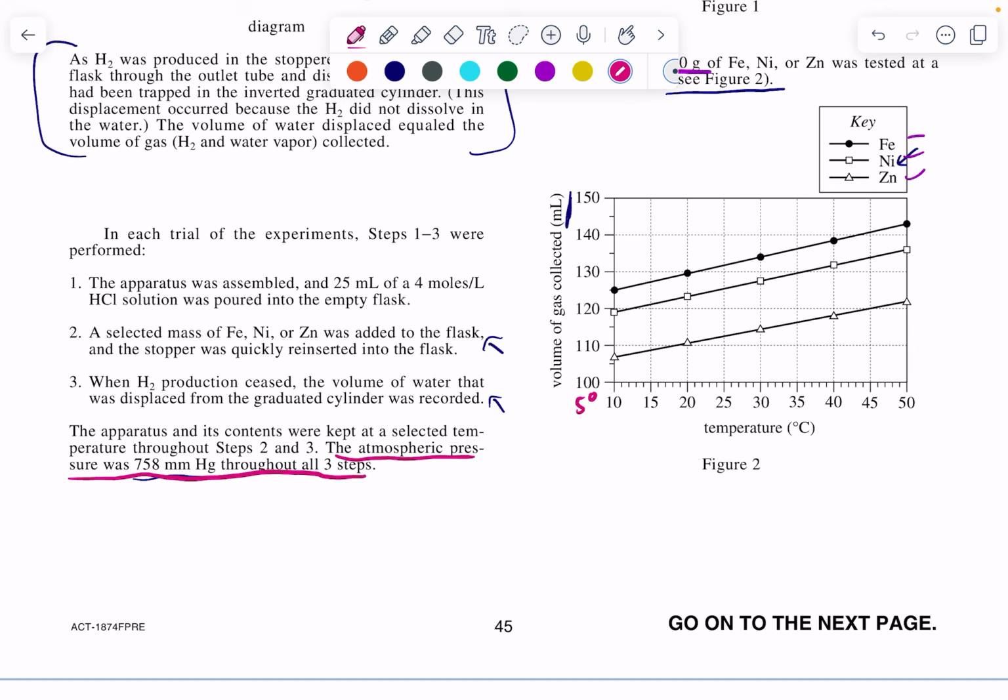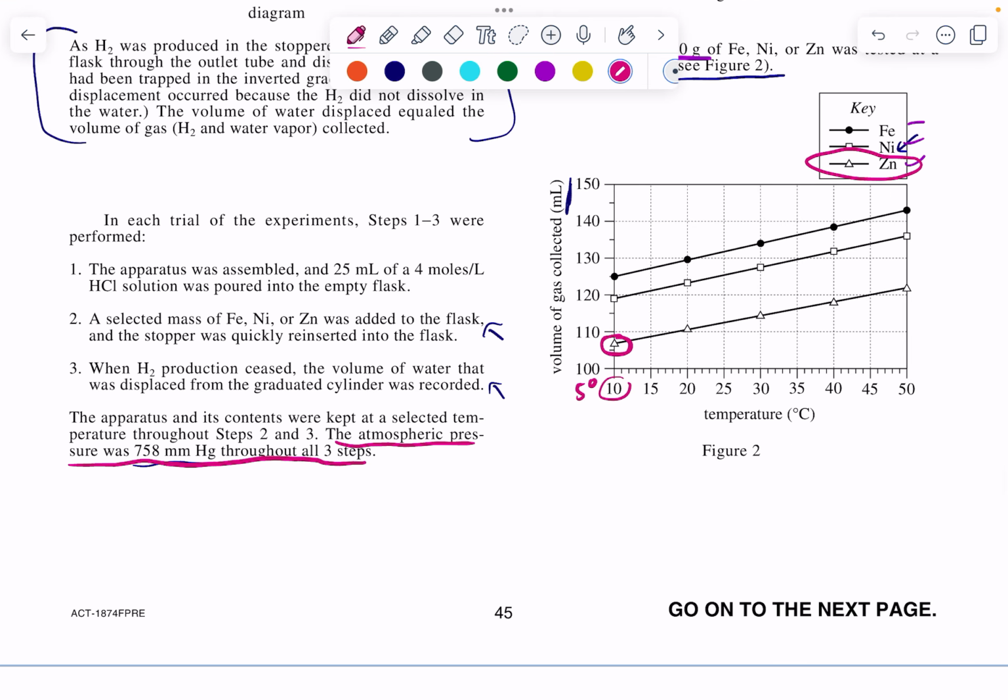Okay, and it's saying if we look at zinc, which is the triangle one here, at 10 degrees, it had about 107 milliliters. So the question is it going to be more or less than that at 5 degrees? Now, all 3 of these metals have a very direct path that as you increase the temperature, the amount of gas that's produced also increases.